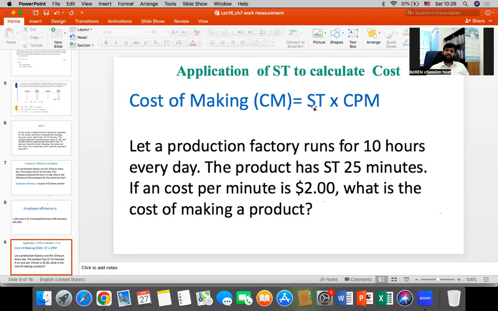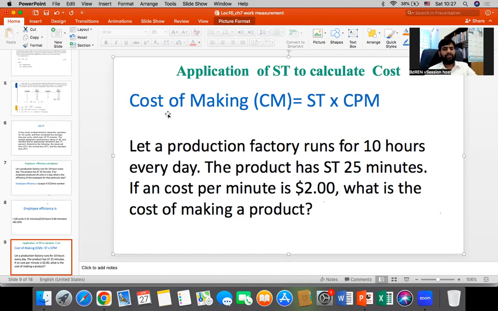To produce a garment, for example, it requires 5 minutes, and cost per minute is $5. So what is the cost of making a garment? 5 multiplied by 5, $25 is the cost of making the product.